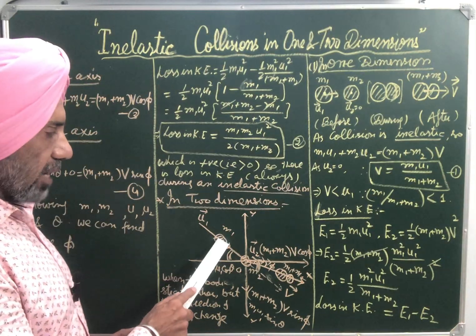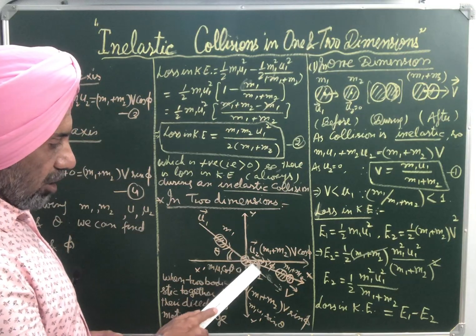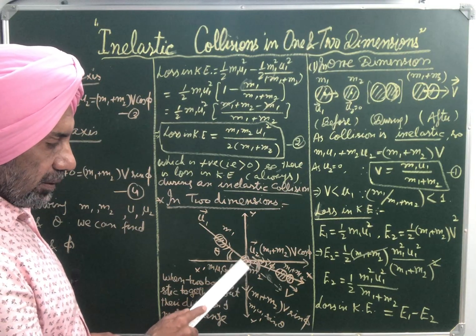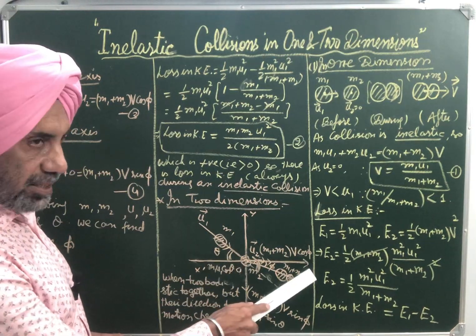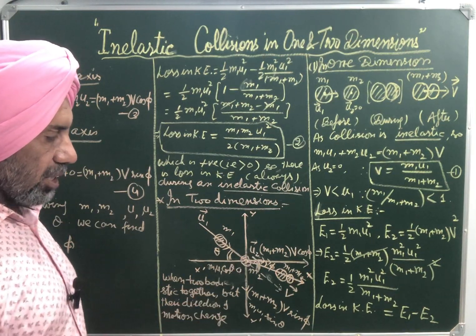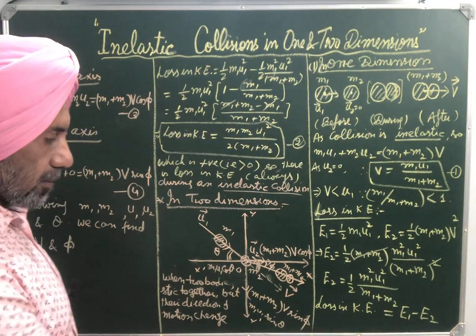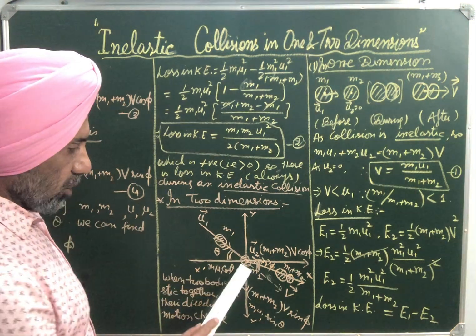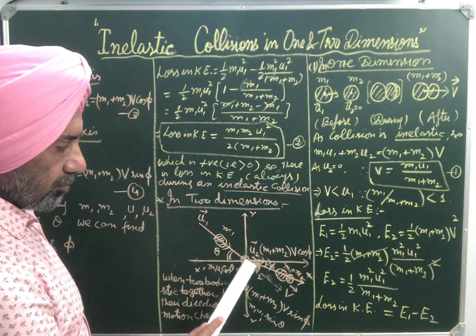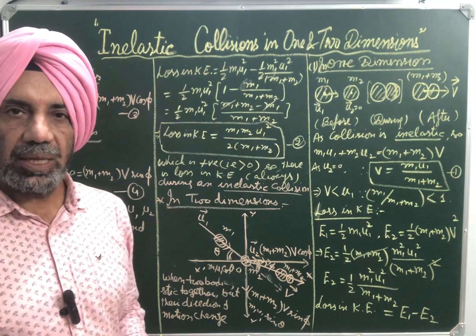And suppose the body of mass m2 is at the origin and moving along x-axis with velocity u2. So when they collide, suppose they stick to one another, so total mass is m1 plus m2, but their direction changes.